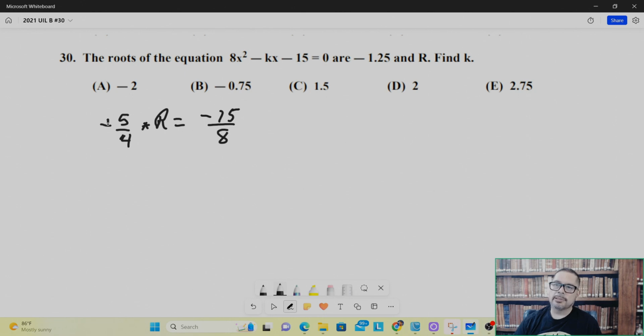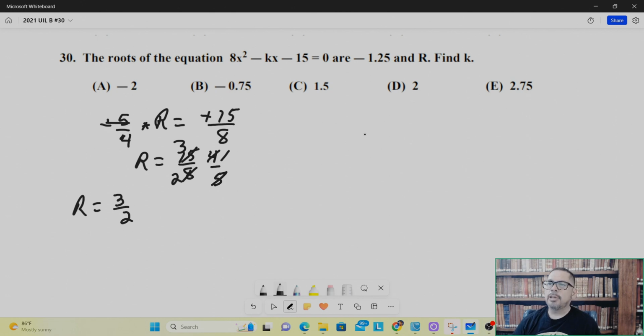The negatives will cancel out. And to get r, I just multiply by the reciprocal. So r is equal to 15/8 times 4/5. And a lot of cancellation happens. That's 3, that's 1, that's 2. So r is equal to 3/2.